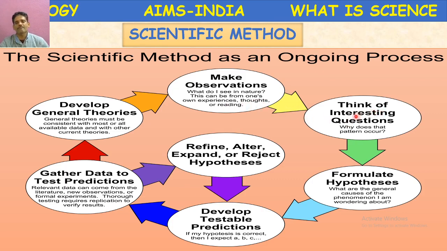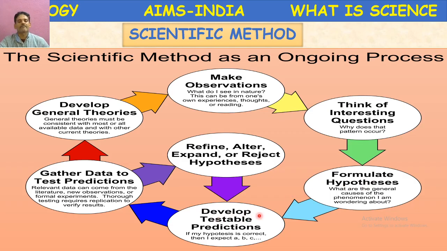Next, think of interesting questions. Why does that pattern occur? A question. Next, formulate a hypothesis. What are the general causes of the phenomenon I am wondering about? Like that, you have to formulate the hypothesis.